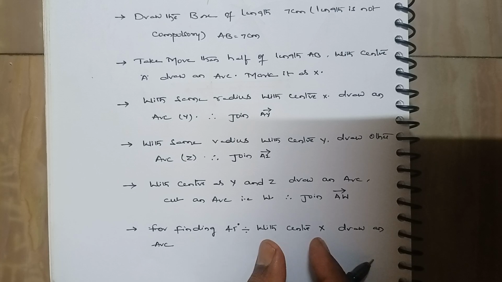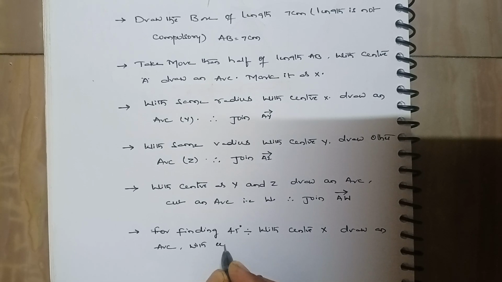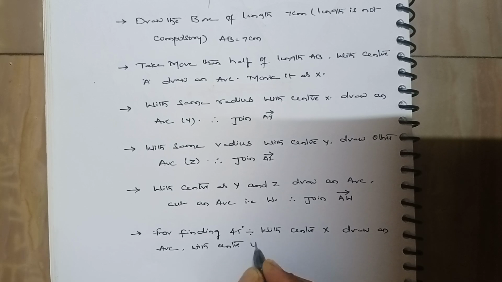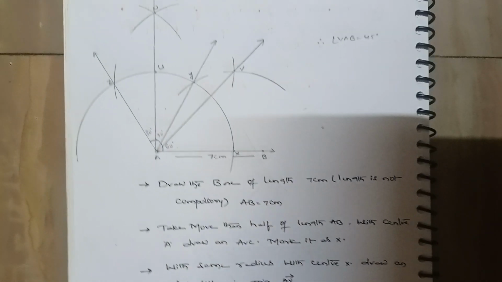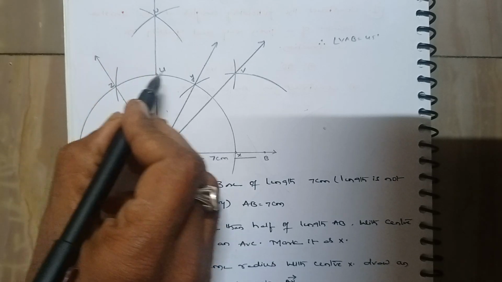Here, with center means the radius is the same, whatever you have taken is fixed. Draw an arc again with center U. Students, where is U? This is the U point. Cut an arc.